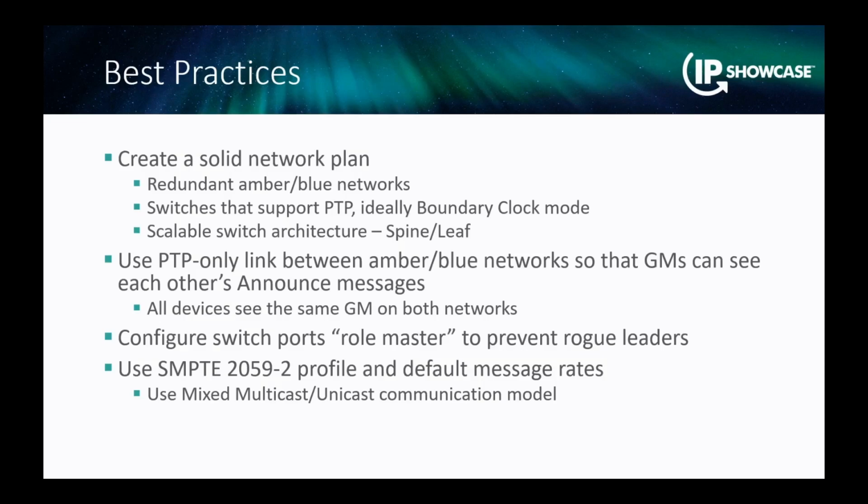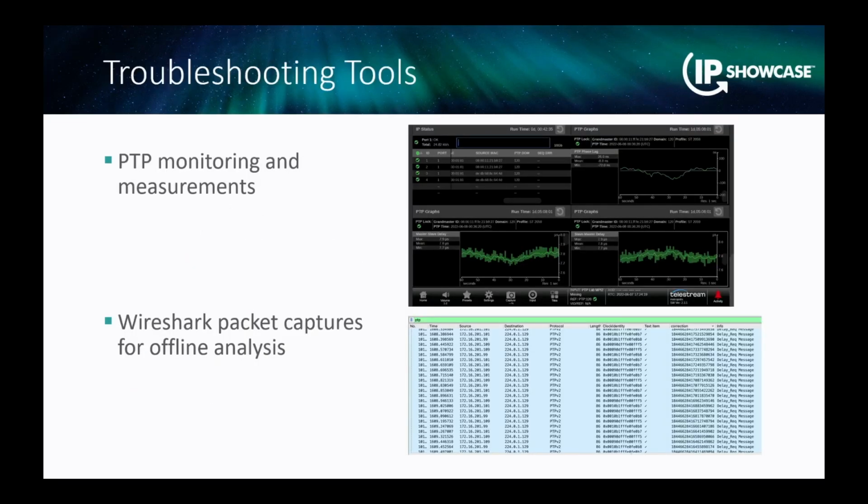In terms of testing, commissioning and troubleshooting, we've got a class of products out there now that can do monitoring and measuring of PTP networks. They typically work by being active participants. They are follower devices in their own right, exchanging in the PTP protocol, talking to the leader on that network.